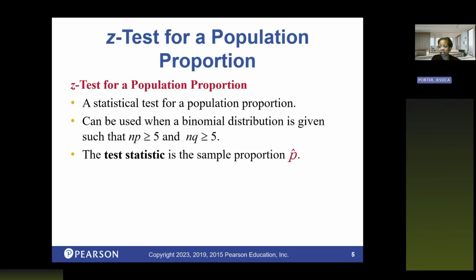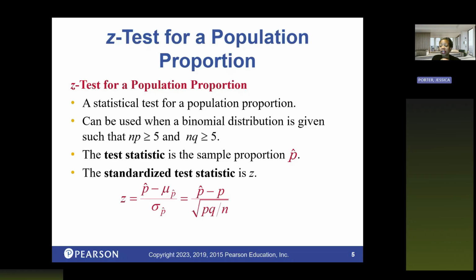The test statistic is the sample proportion p hat. And the standardized test statistic is z: p hat minus p, the proportion, over the square root of p times q divided by n. That's our z value.